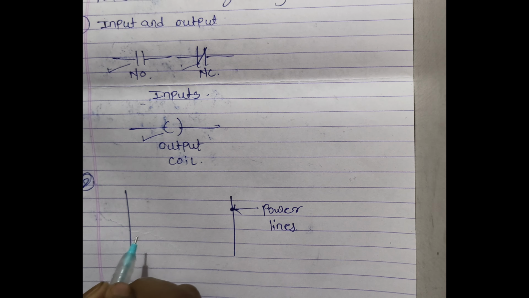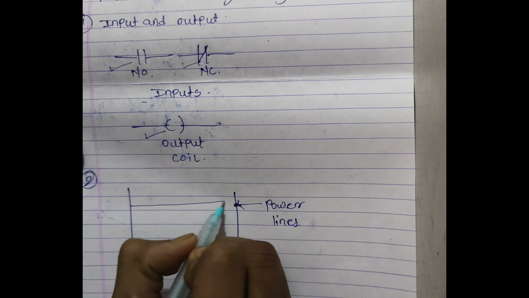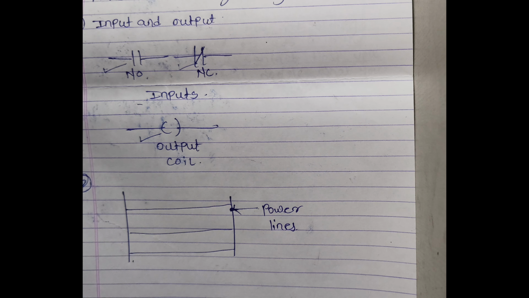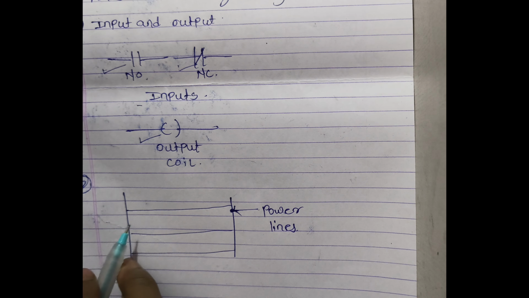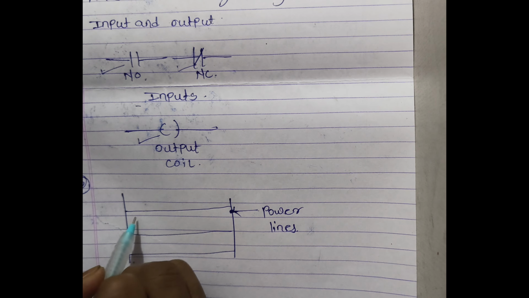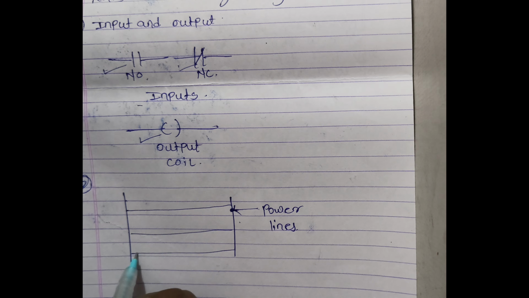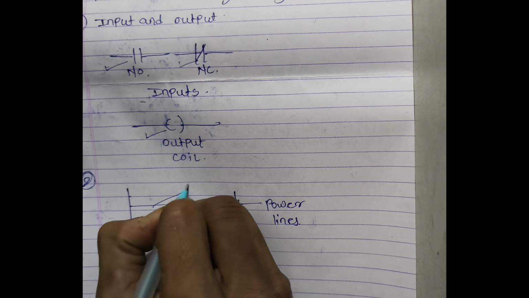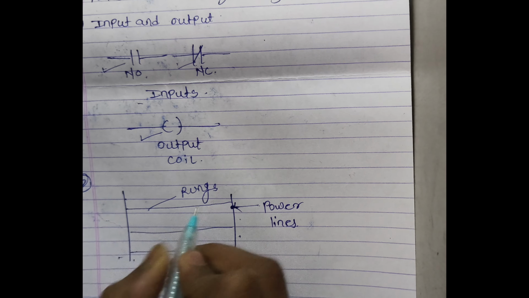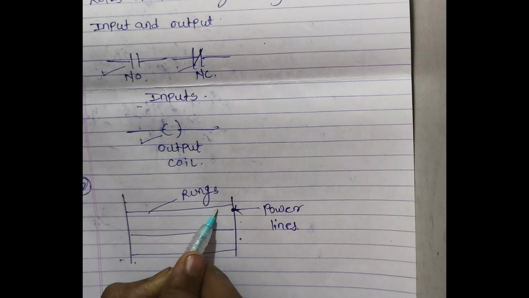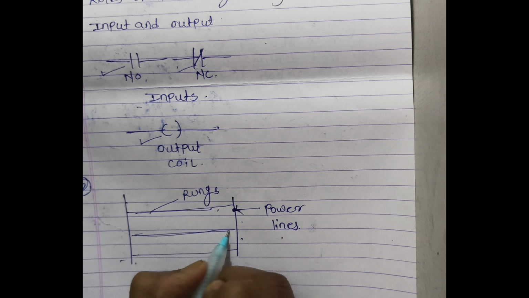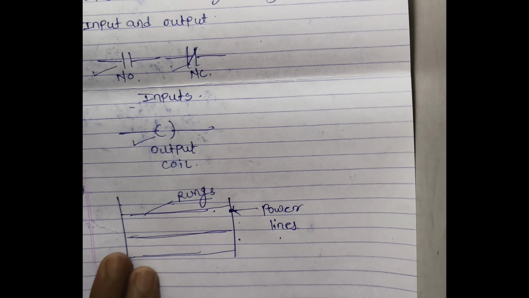When you program anything, like one push button and one output, your program must be right in between the 2 lines. Horizontal lines are called the power lines and the vertical lines are called the rungs.